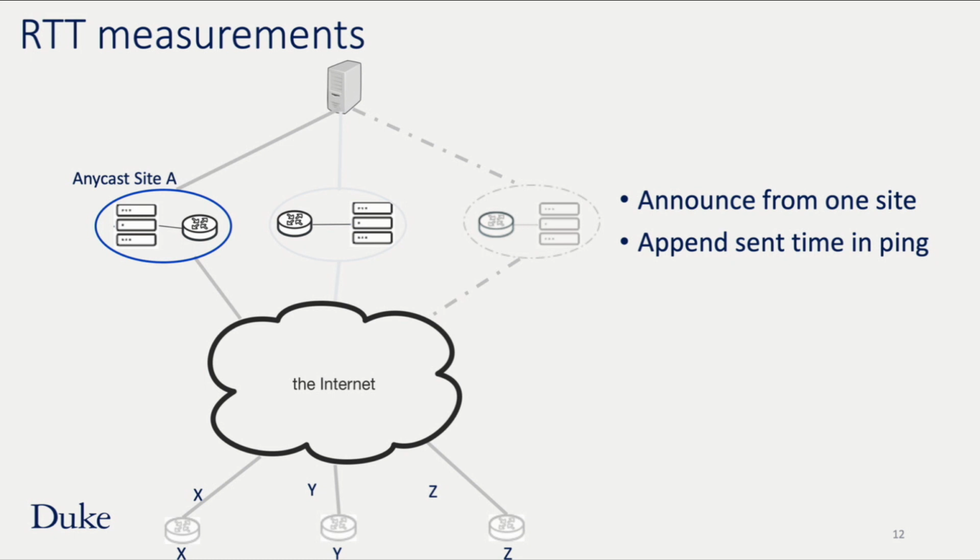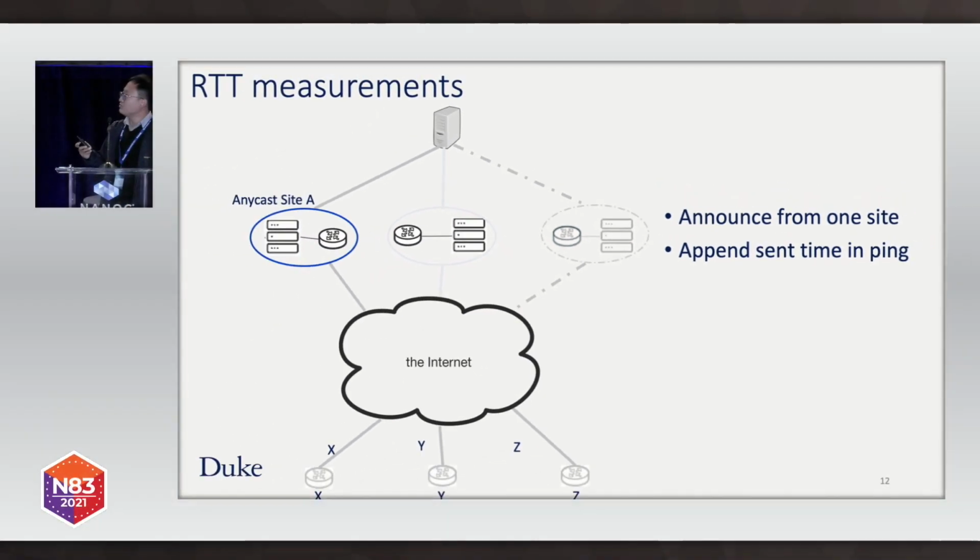Using that method, we get the total order of all clients, but we still need the round-trip time from different clients to the Anycast sites to make the prediction. In order to get it, we announce the Anycast prefix from one single Anycast site, which means we announce the prefix in a unicast way.